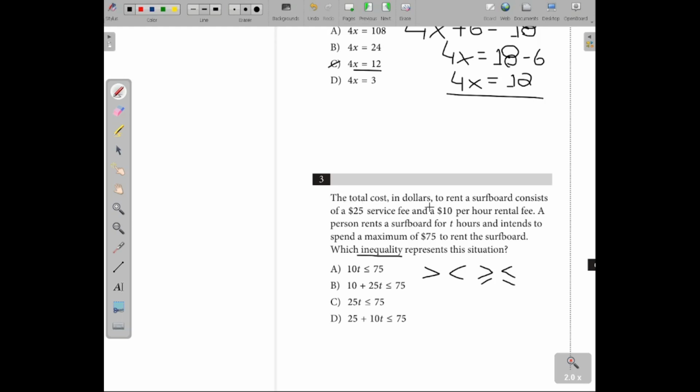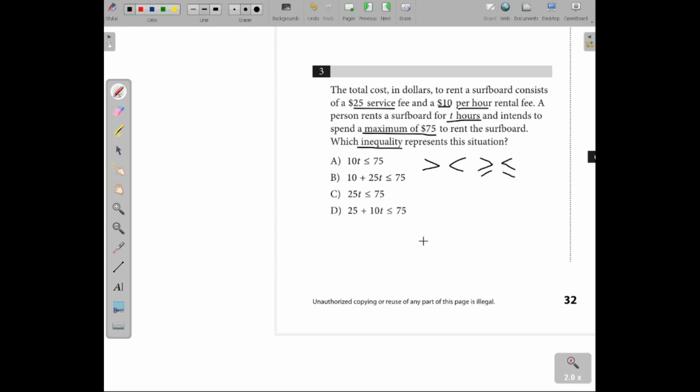The total cost in dollars to rent a surfboard consists of a $25 service fee and a $10 per hour rental fee. A person rents a surfboard for 3 hours and intends to spend a maximum amount of $75 to rent a surfboard. Which inequality represents this situation?